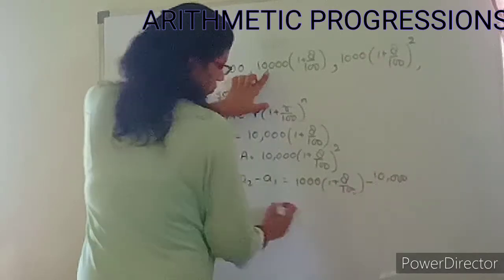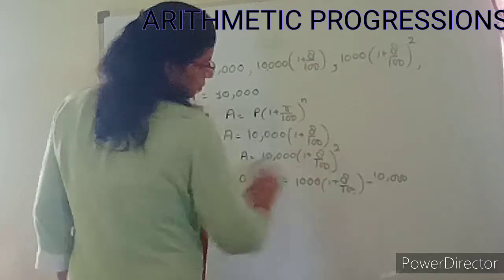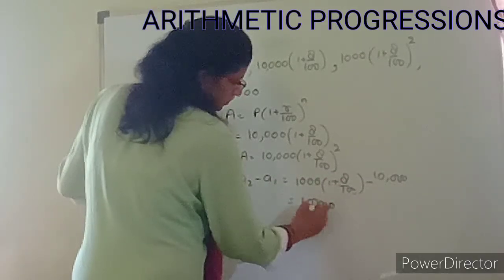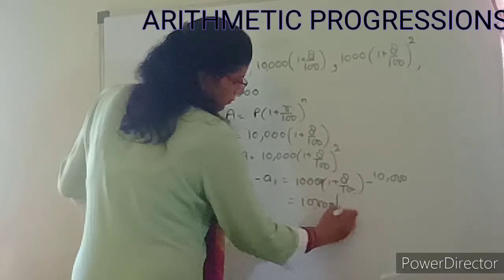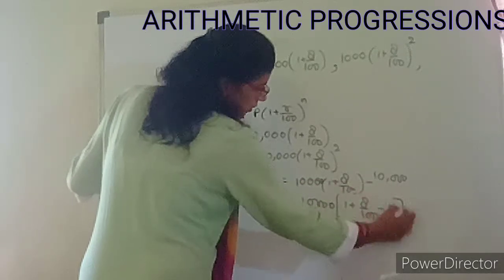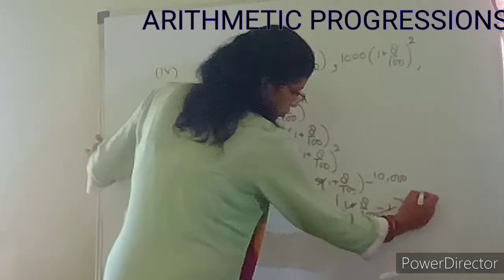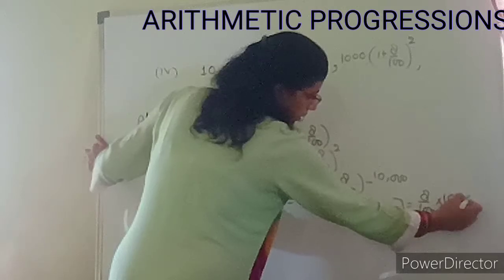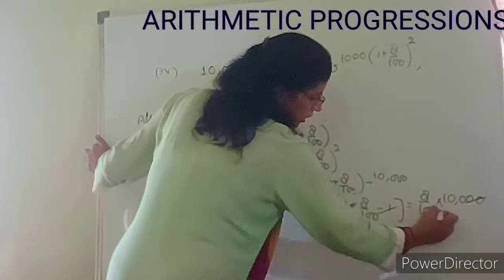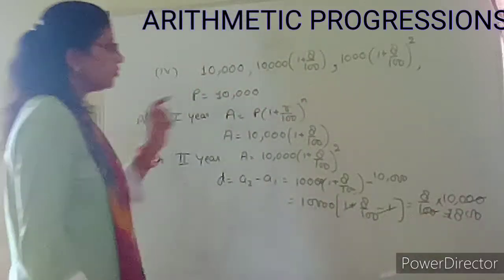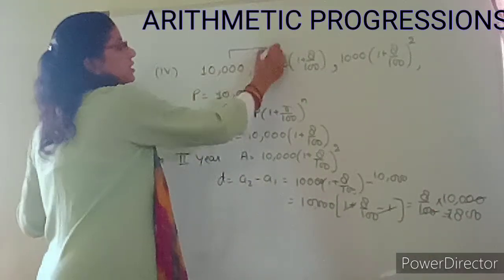If you see, 10,000 is common, so you will take 10,000 common. What is left? 1 plus 8 upon 100 minus 1. The 1s cancel out, so 8 upon 100 into 10,000, the 100s cancel out, and this is 800 rupees. So first you are getting the difference as 800.